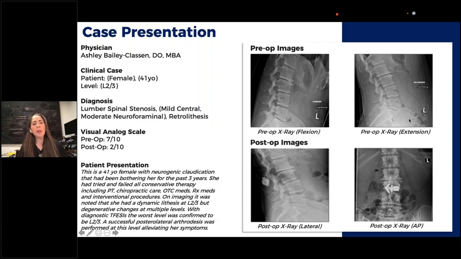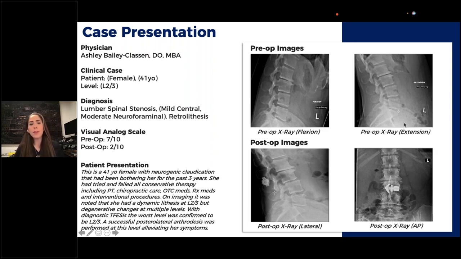So I'm going to go over really quickly kind of an interesting case. This was a 41-year-old female. So we've talked about that these procedures can cover all sorts of age groups. Dr. Deere mentioned earlier that for some instances, we're doing these in a lot younger patients or patients that don't want a big spine surgery. That was this patient to a T. So she was a 41-year-old female. We actually ended up doing her L2-3 level.